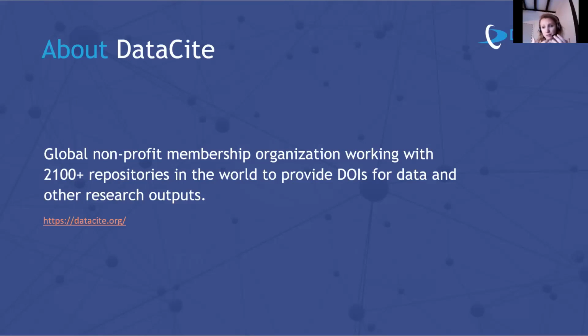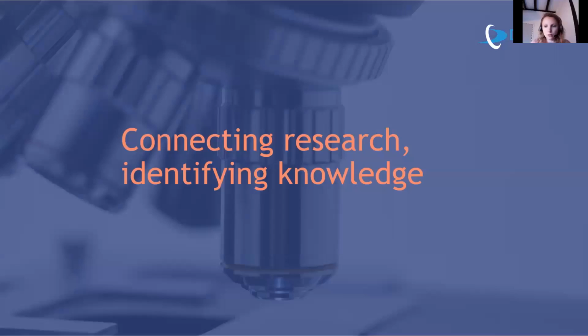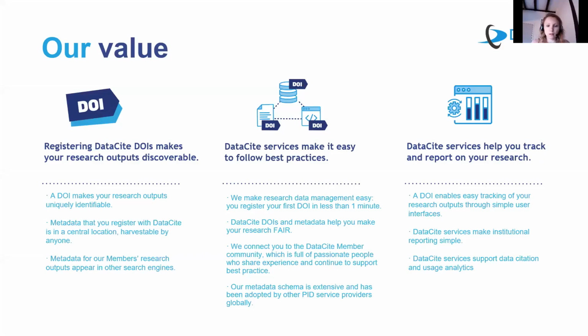As the name DataCite implies, we were founded because of the need to have persistent identifiers for datasets and not just for articles. But over time, we've also expanded to other kinds of research outputs. So our vision is to connect research to identify knowledge, and those connections are made through persistent identifiers.